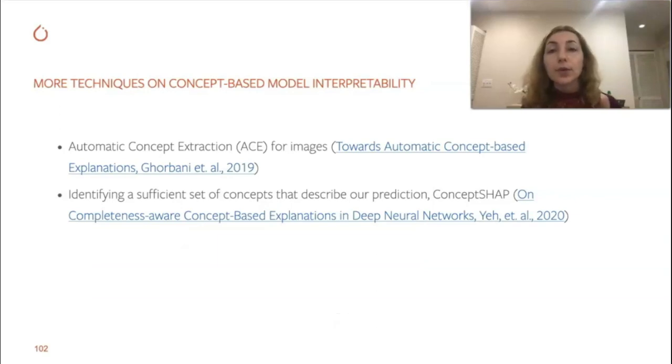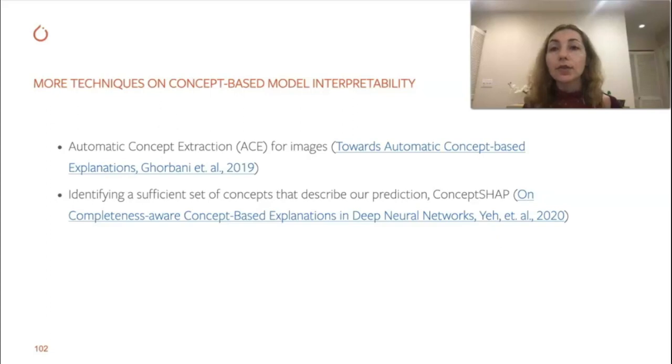TCAF is one of the approaches in concept-based model interpretability research. There are a number of other publications in this area of research. For example, one of them is trying to automatically extract concepts from images. This can help with the limitations of having predefined sets of concepts, and this type of approach can also be adapted for NLP problems, and not only for images.